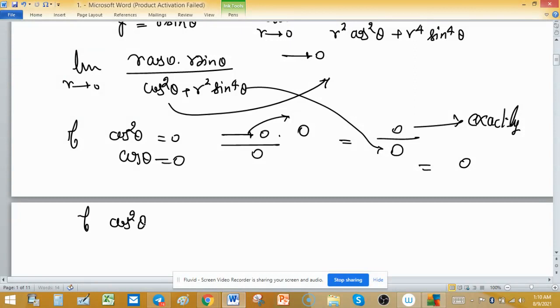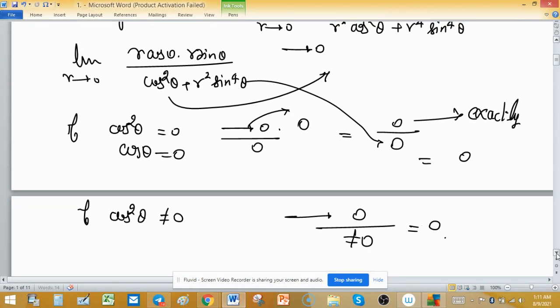If cos square theta is not equal to 0, then in the numerator we get something tending to 0 upon some non-zero value, so this is 0. Whatever you choose for r and theta, the result is 0.